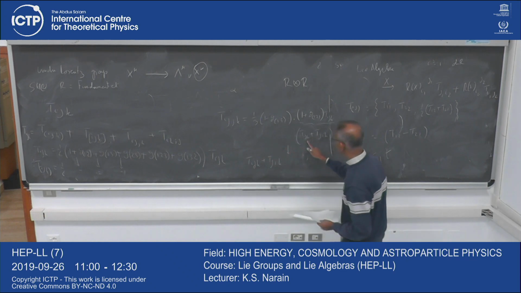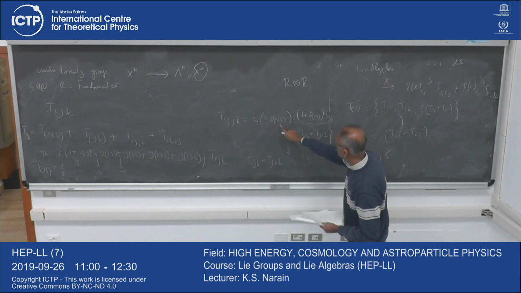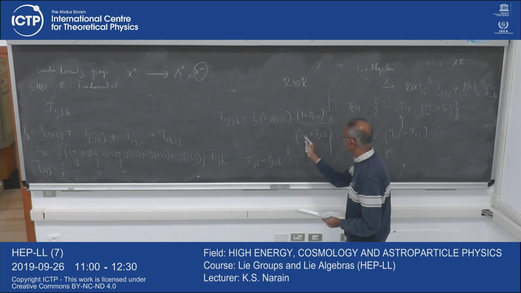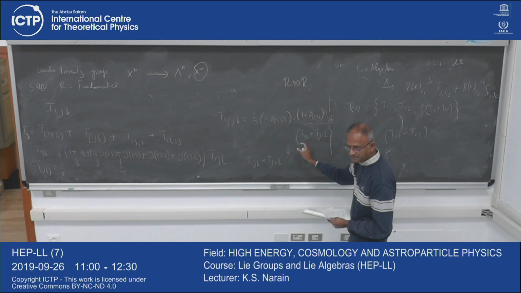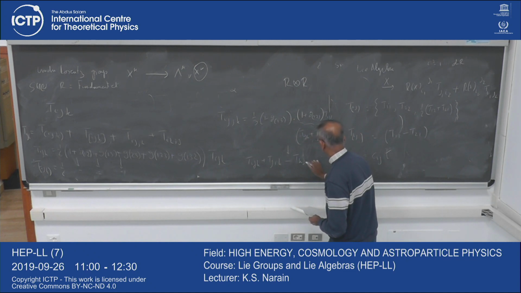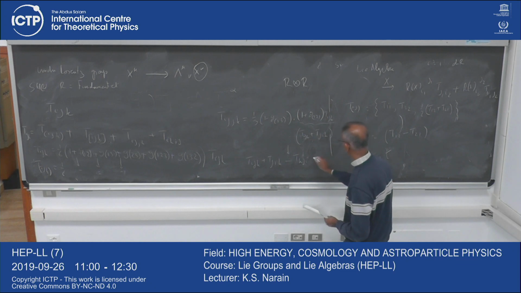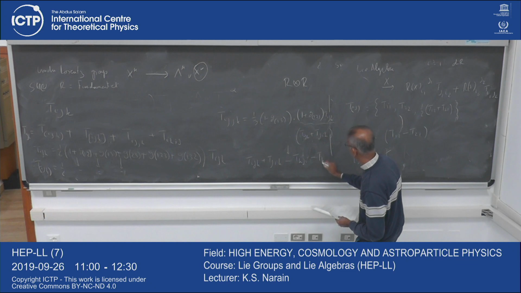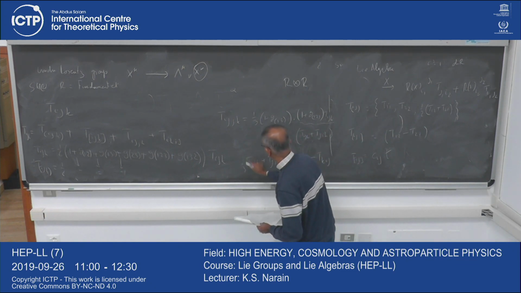But now on each of them I apply G13, right? So when G13 acts here, the first and third labels get exchanged. So you get here minus Tkji, and here you get Tkij, and then there is a 1/3 here.